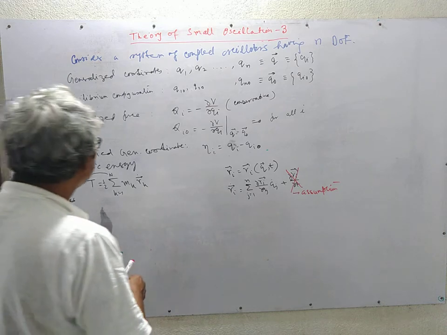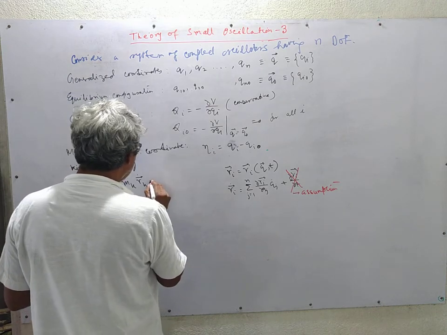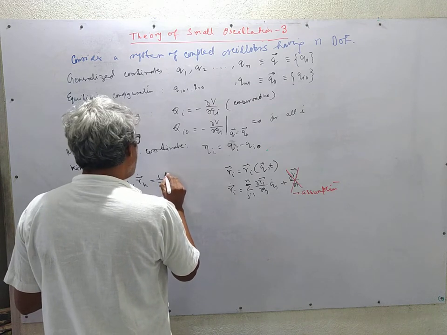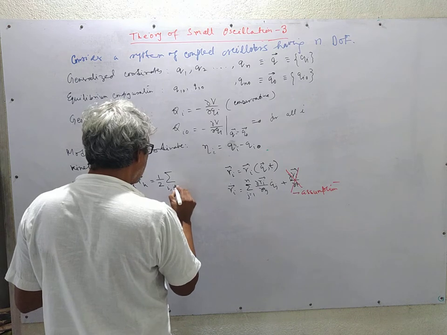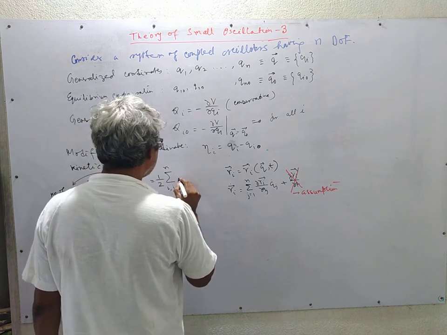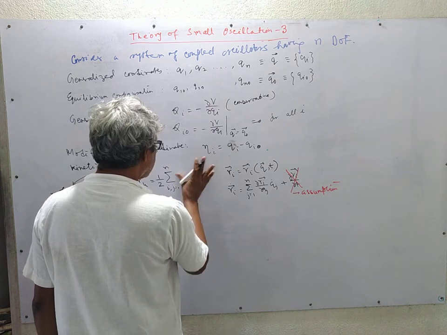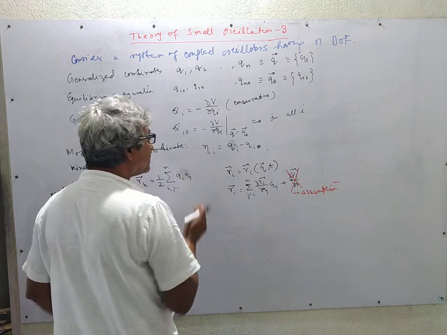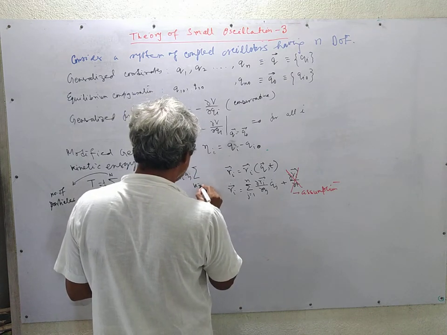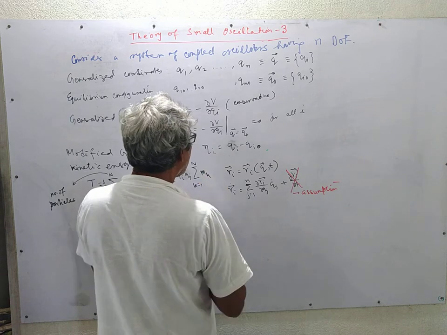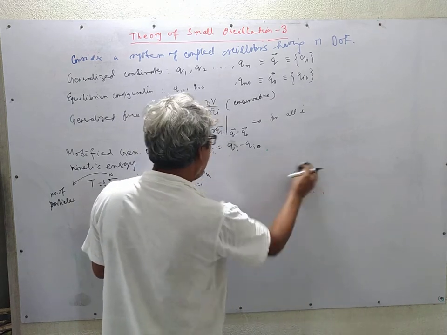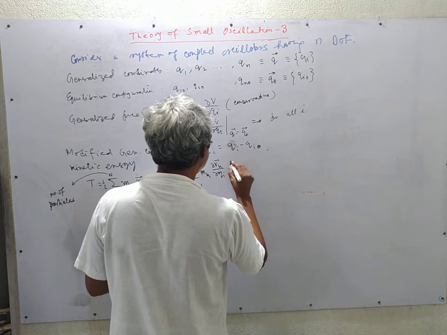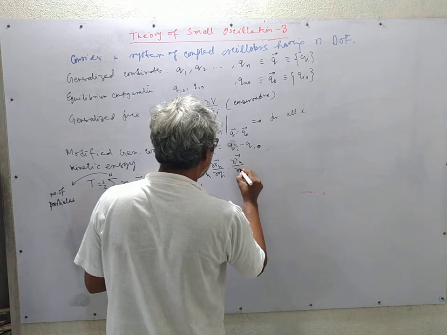We have shown this in connection with the Lagrangian and Hamiltonian mechanics, that this can be written as summation over i and j running from 1 to small n, qi dot qj dot, then summation over k is equal to 1 to N mk del rk del qi del rk del qj.